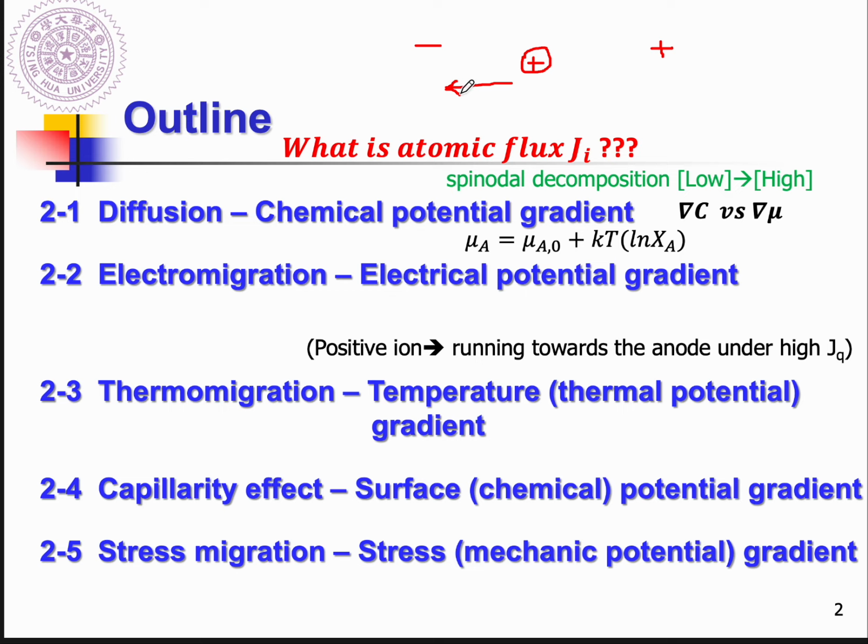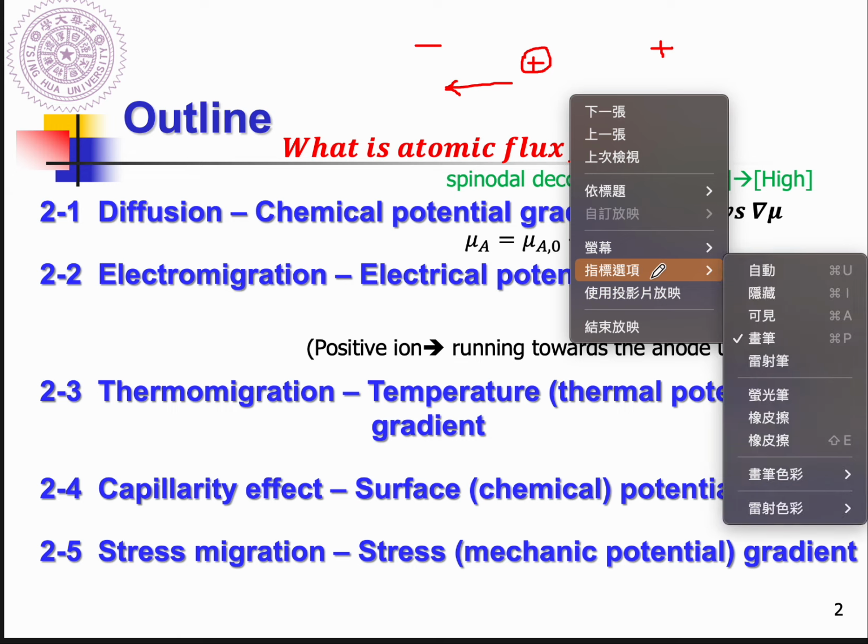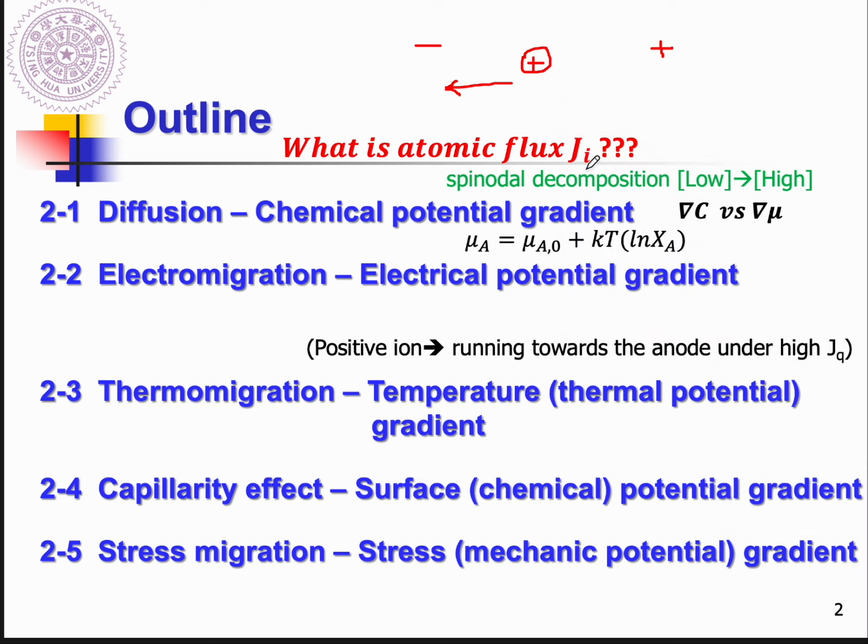However, in the experiments, the scientists found that these ions move toward the anode under high current density.